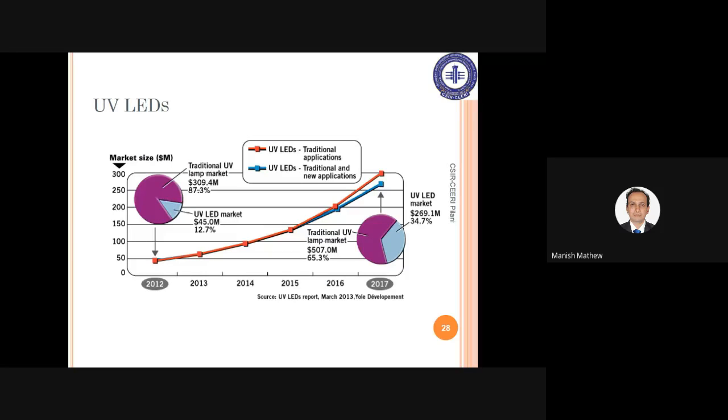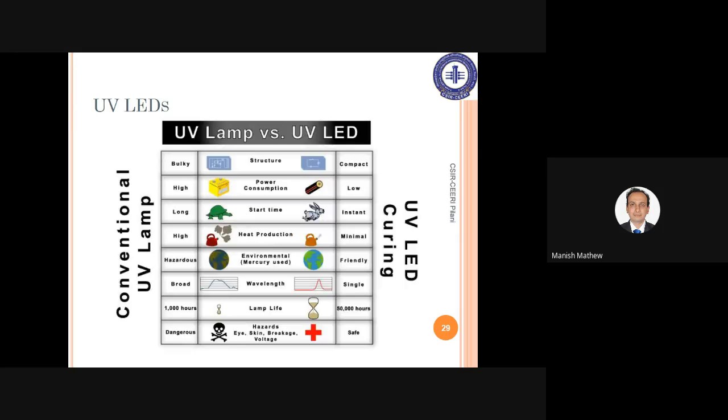And if you look at the market size, it's a very huge market, and this is the old data where it was showing around a 300 million market, but after COVID-19, it has increased to more than a billion market. So the demand for UV-based LEDs has increased drastically. If you wanted to buy UV LEDs during March and April, you were not getting them. The demand was so high.